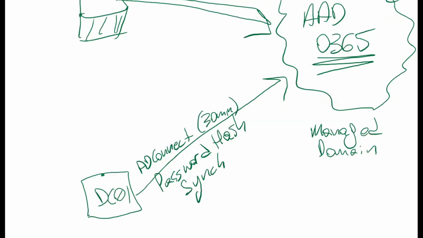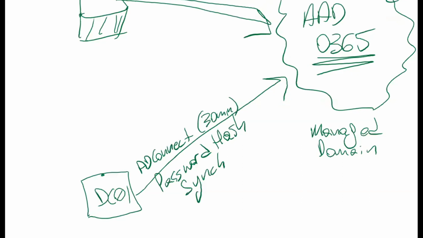Scenario number one is AD Connect is used primarily to synchronize user objects and optionally to synchronize the password hashes, okay? So these password hashes get synchronized only if that's what's enabled. I think that's the default setting, especially if you do the express setup. However, it's not mandatory.